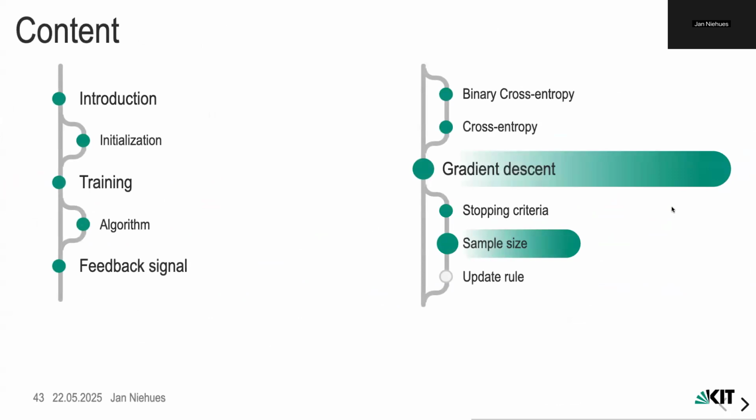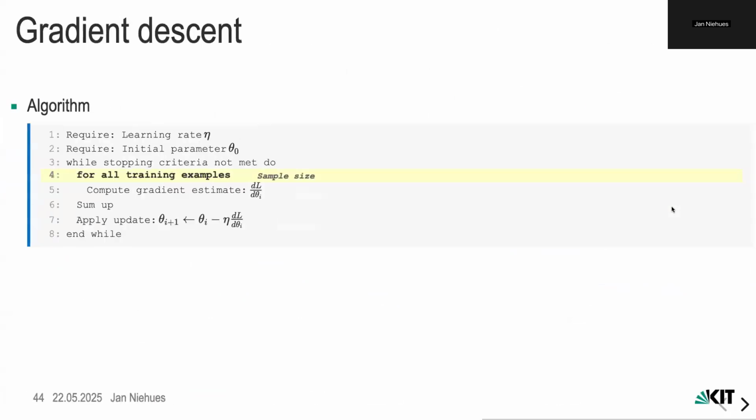Good. Then we can go for the second point, which was now the sample size. So just to remember, we now have here the stopping criteria, which we saw is a bit of extra calculation because we have to evaluate the model on a different data set. But now the question is, which gradients do we sum up?